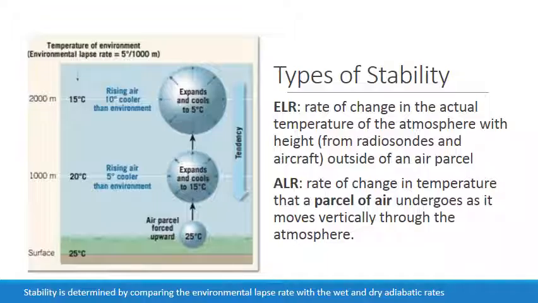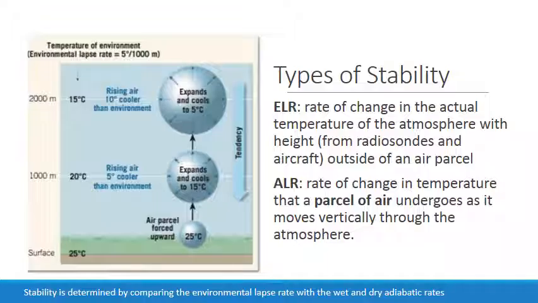So when the air parcel reaches 1,000 meters, the temperature of the rising parcel would have dropped from 25 to 15. Because the rising air would be 5 degrees cooler than its environment, it would be more dense, and if allowed to, it would sink back to its original position.